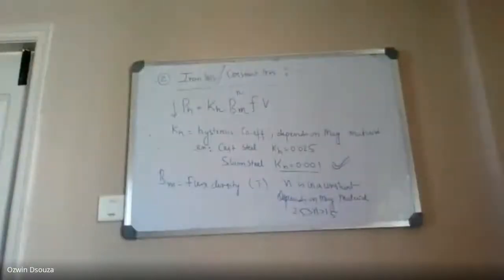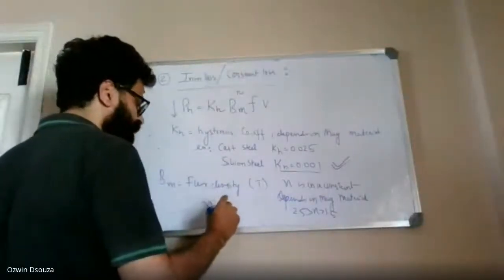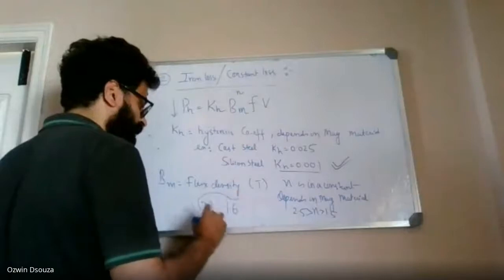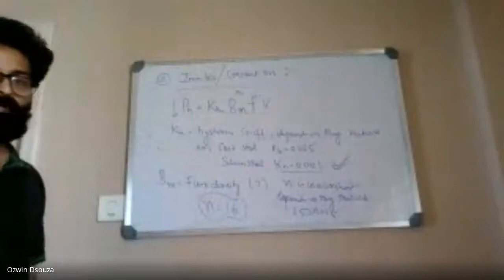Somewhere in this range it varies. For calculation, we normally choose an average value of 1.6. This doesn't vary your hysteresis loss much. This is a standard practice of taking the n value. You can see in different textbooks, normally they settle down to n equal to 1.6.